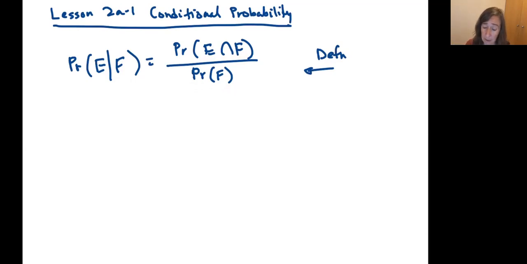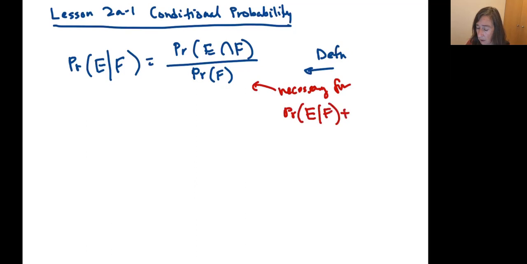So maybe even write that second point there. Necessary for the probability of E conditional on F plus the probability of E complement conditional on F to sum to 1. Okay, that's got to be true.